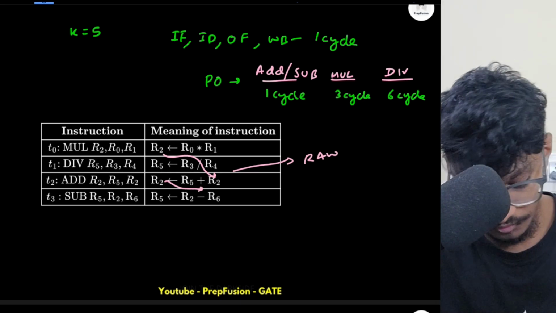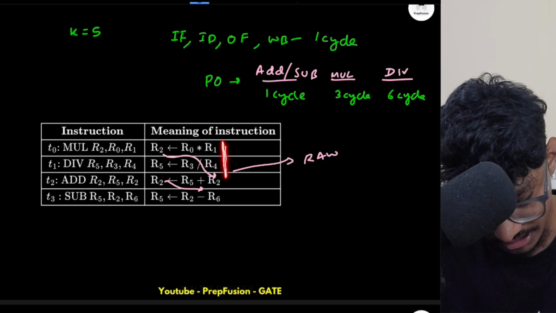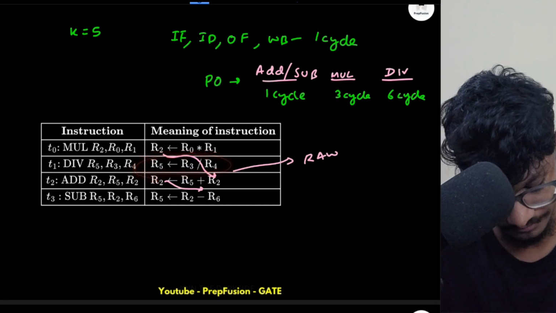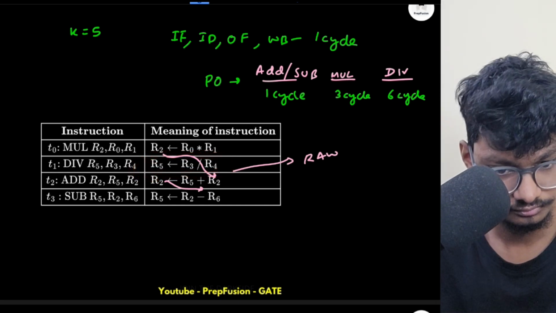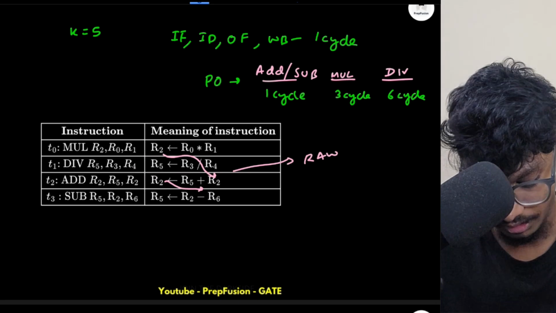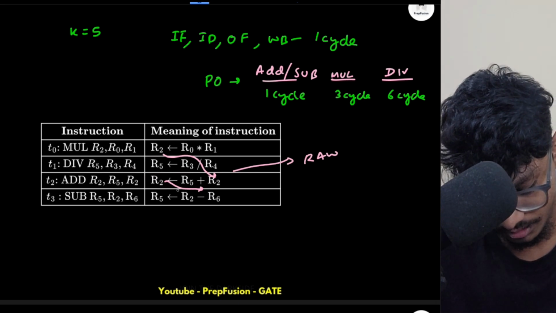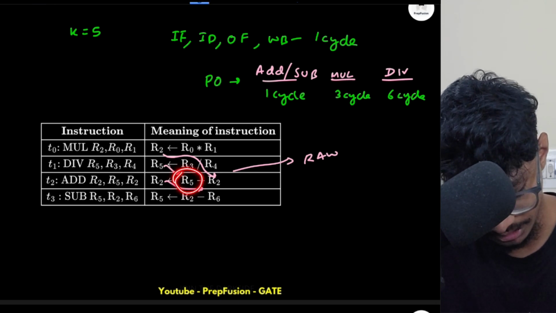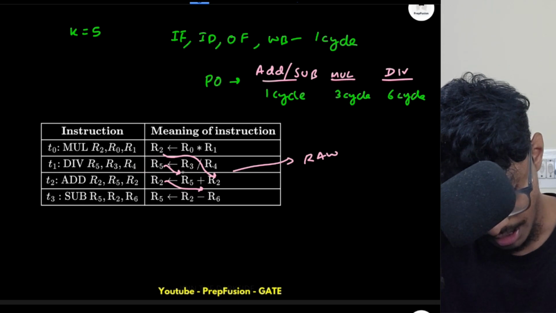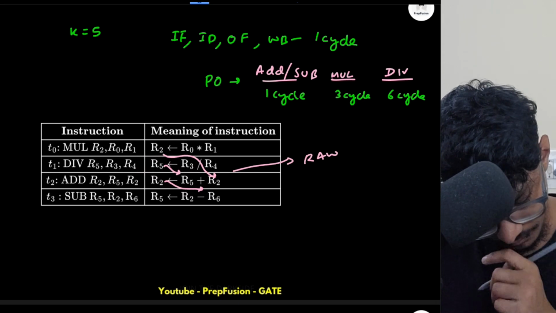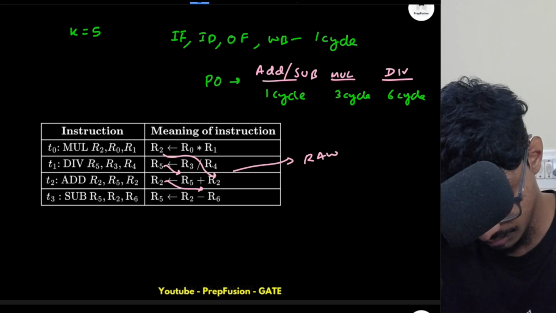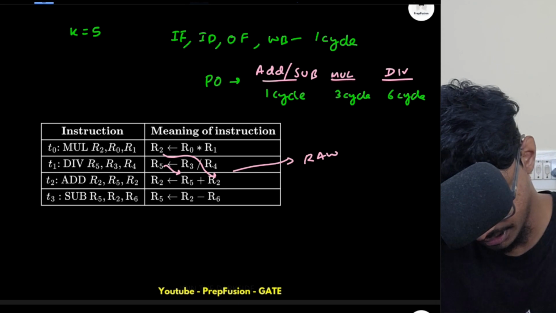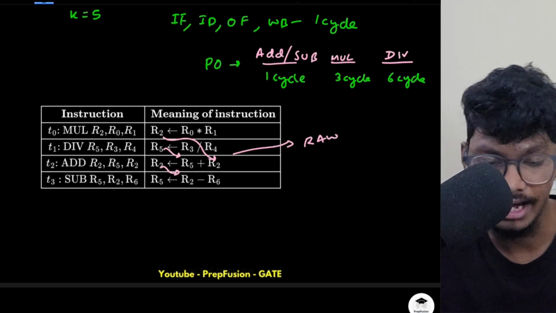Now I have to check whether I have enough gap between instruction I0 and I2 so that there is no data dependency. Okay, no, this also has a data dependency, right? So I don't have to check anything. Here also I am reading back from R5 after updating it, so it's totally fine. Everything has a RAW data dependency.